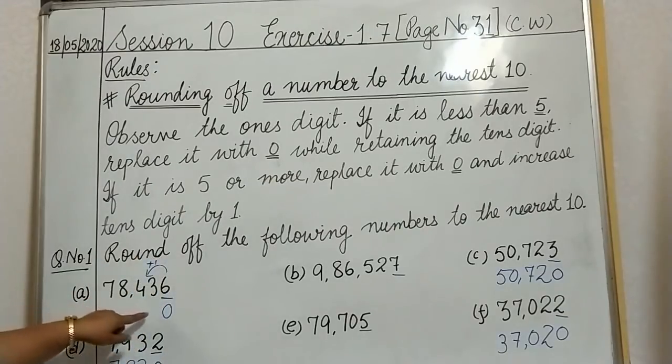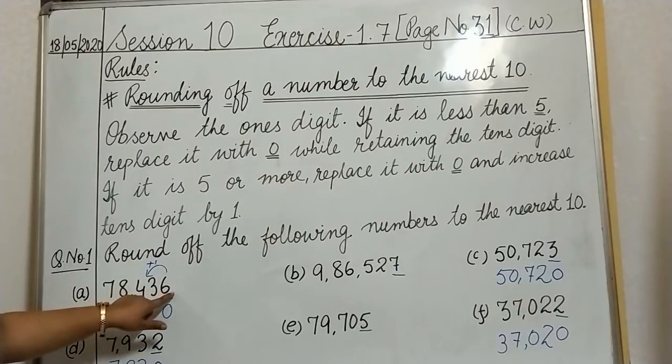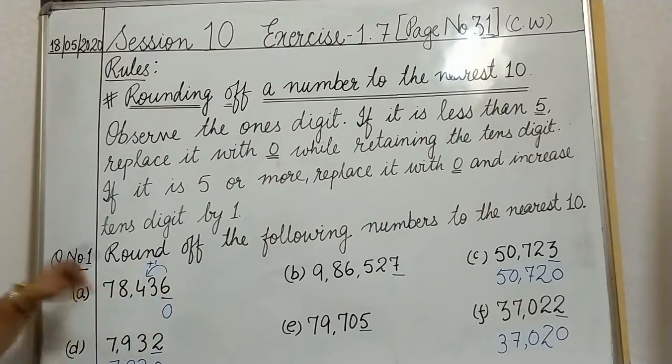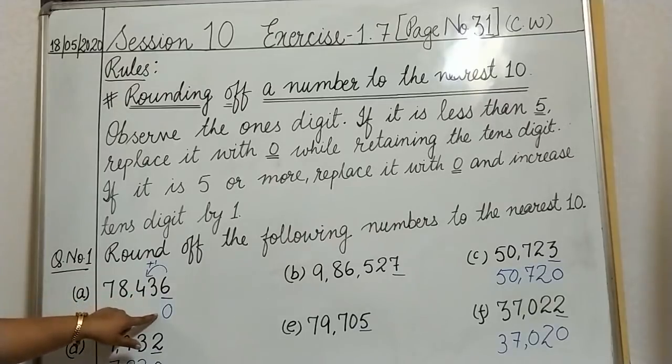Children, do it as I am showing it, okay? Since this is more than 5, what have I done? I have written 0 over there since it is a multiple of 10, and then the tens digit will be increased by 1.